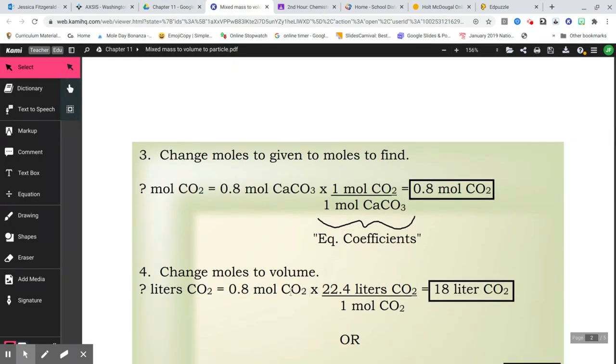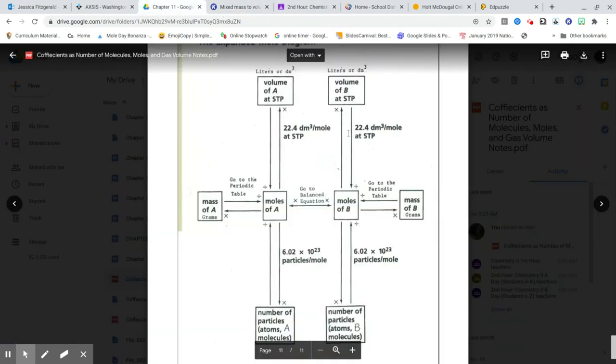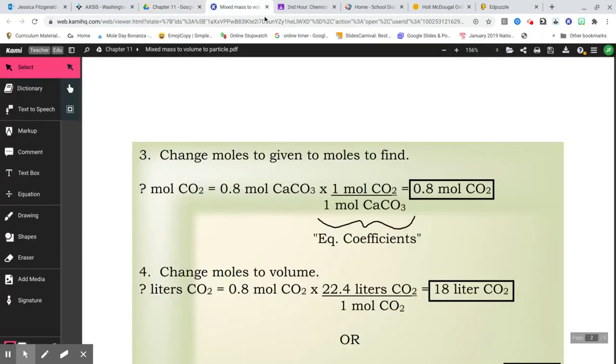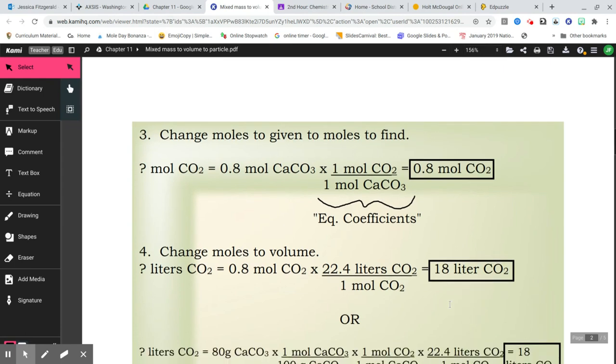So if we want moles of CO2 to cancel, it goes in the bottom of our equality. Liters of CO2 will go in the top, and we use 22.4 because that is what we use as we go from moles up to liters. So the moles of CO2 cancel, and we're in liters of CO2, which is what we're trying to find.